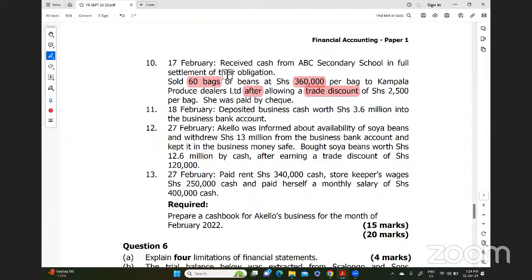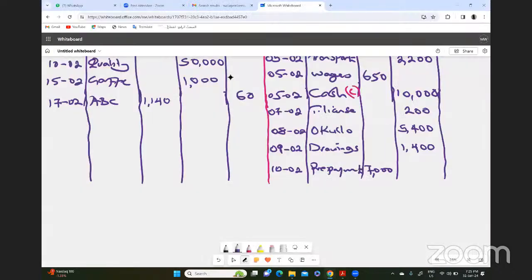So how much? Because they settled by check. How much is that money? 360,000 times 60 bags. 2.16. 2,160,000. Okay, 2,160.